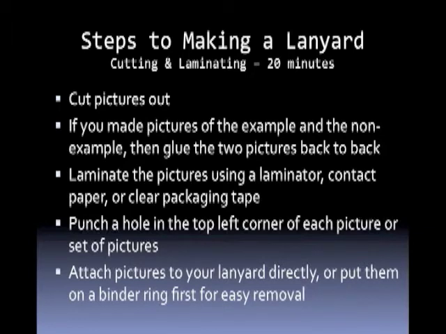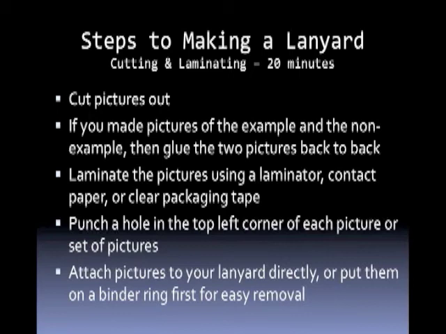Now that you have your pictures printed out, we want you to go ahead and cut your pictures out. If you made pictures of the example and the non-example, then glue the 2 pictures back to back.